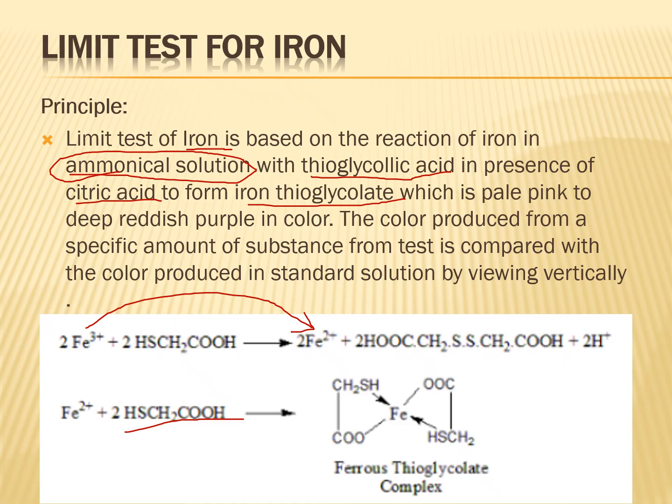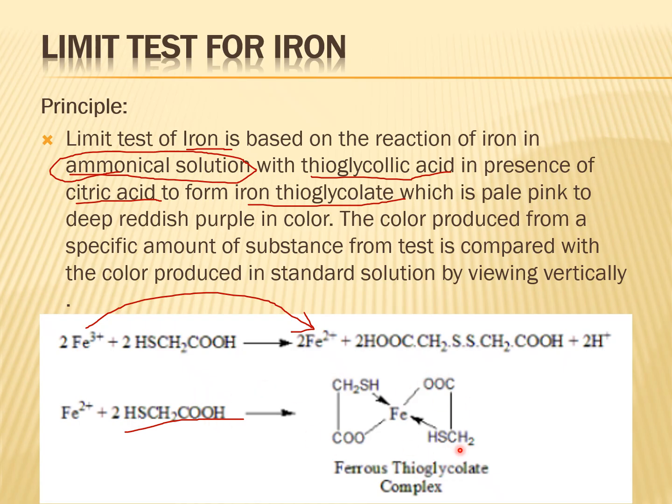Here we can see one molecule of thioglycolic acid: this H is removed and the remaining is OOC CH2SH, on one side. On the other side, this H is removed.